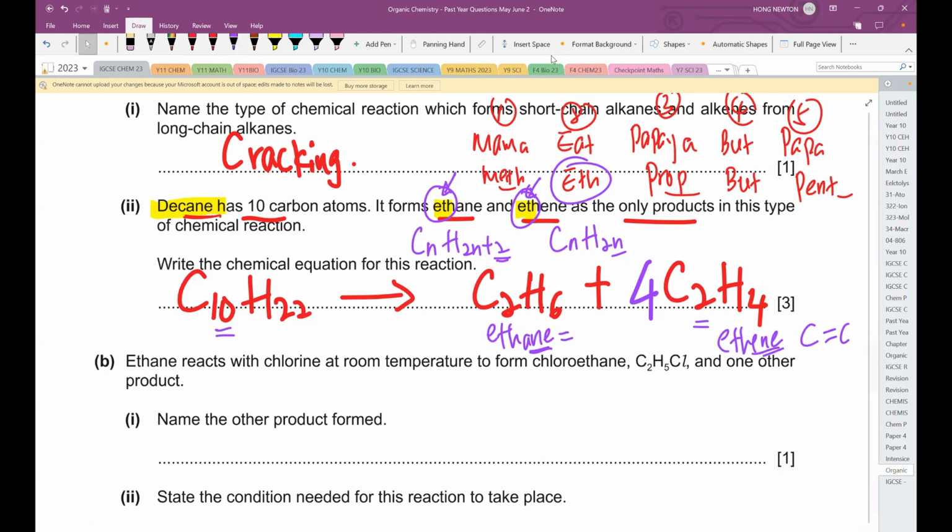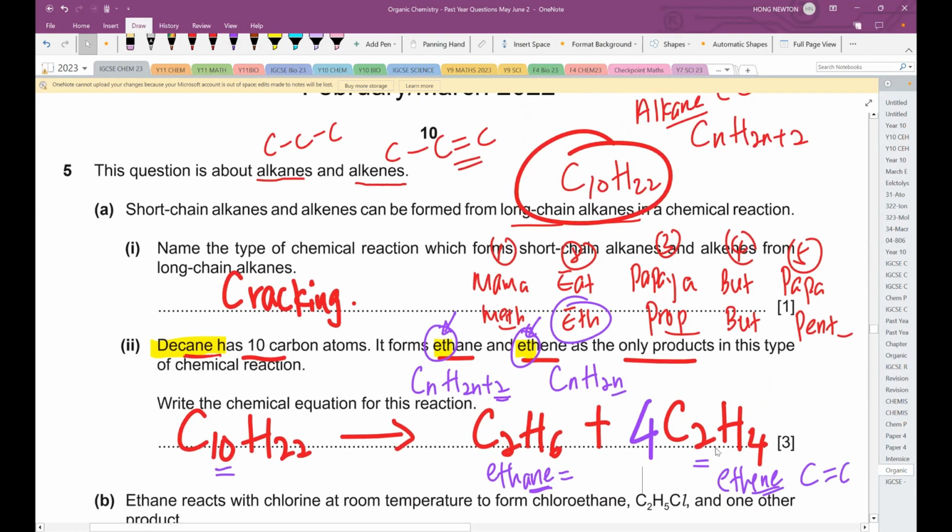Yeah. Because some of our friends were asking why we cannot add the number in front of the ethane: because the ethane is considered saturated hydrocarbon. So we need to add to the ethene, right? So 4 here. All right.